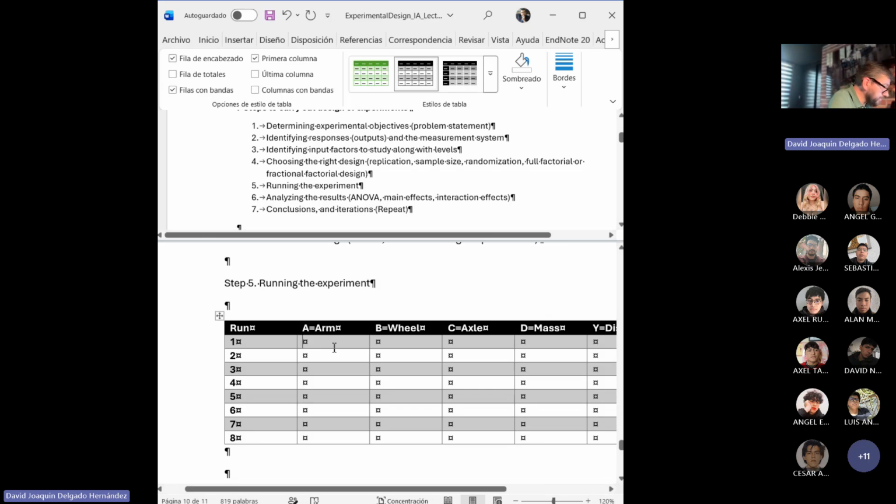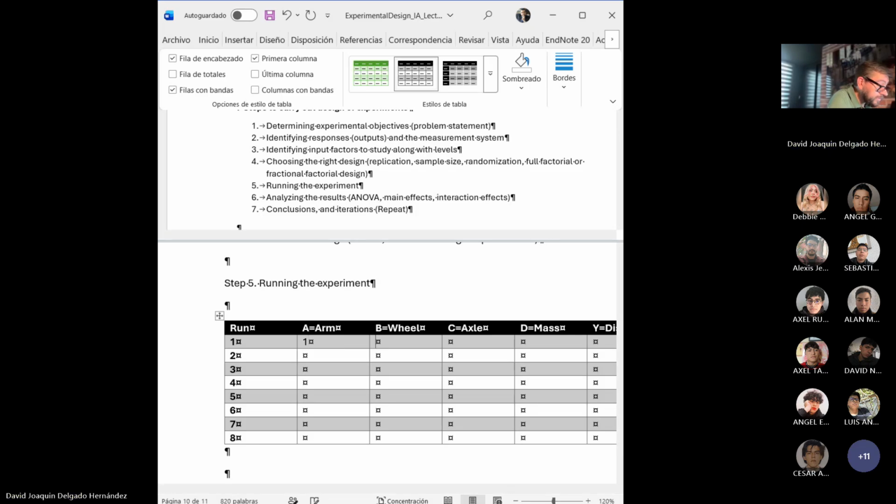So I am just going to put it here. It will be 1, -1, 1, and -1. That's the first experiment. The second experiment, it will be -1, -1, 1, and 1.